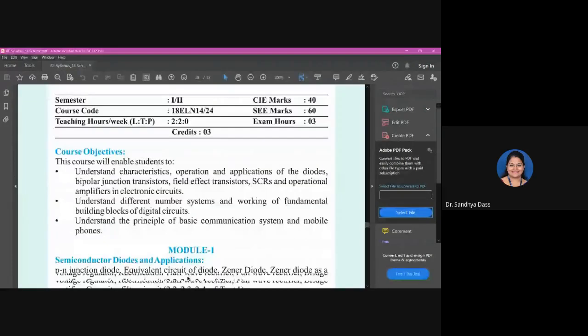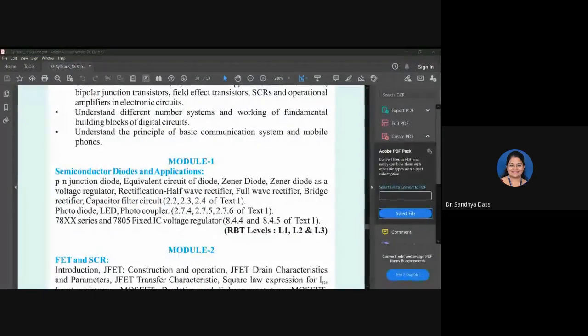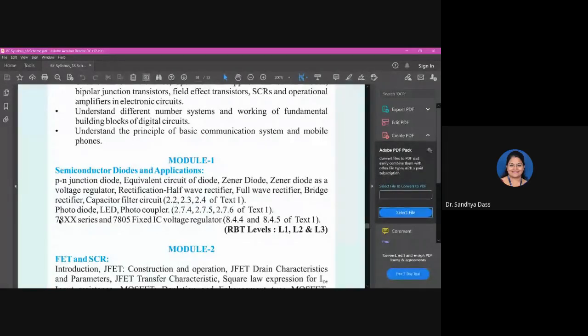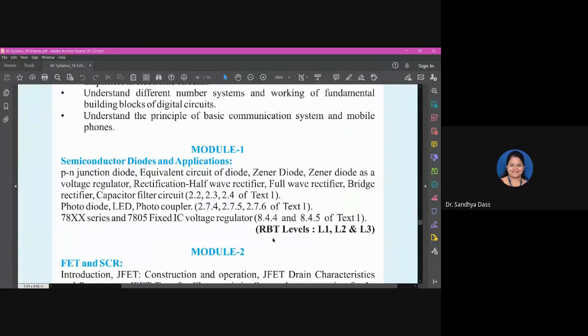Is the screen visible? In module 1, the last part, that is the 78XX series or 7805 fixed IC voltage regulator, I've assigned as a self-learning topic, and all other topics from module 1 are covered. So that completes module 1.